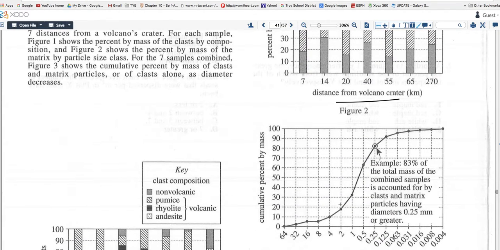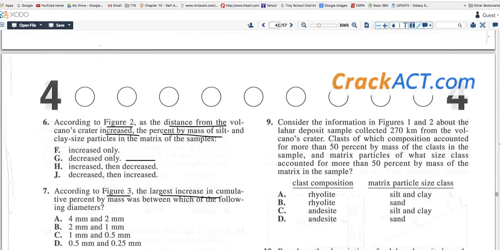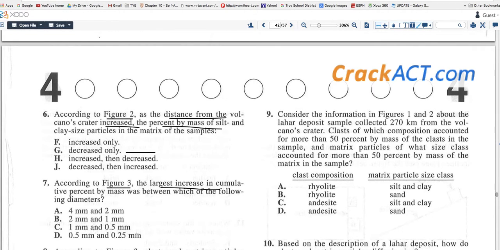We're going to see between which 2 data points was there the largest increase, and it's right here between 1 and 0.5. And like I said, always do your axes. Notice how this one's decreasing and it's not increasing. A lot of kids would have gotten messed up on this question, okay? So make sure you always read both axes and the scale they're using. And that is, in fact, C.